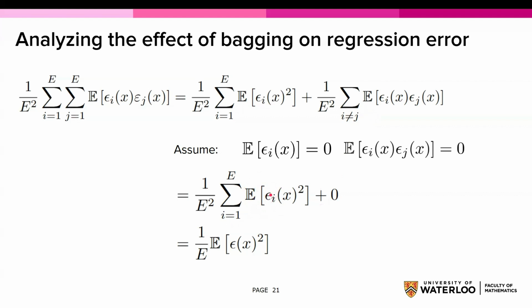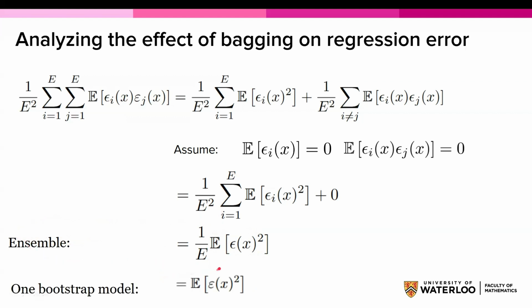And so with big E models in that ensemble, the final expression is the error of any one bootstrap model divided by big E. And so that's for the ensemble. Comparing this to one bootstrap model acting alone, we say that the error of the ensemble reduces proportional to the number of base models in the ensemble. So this is a pretty dramatic result.